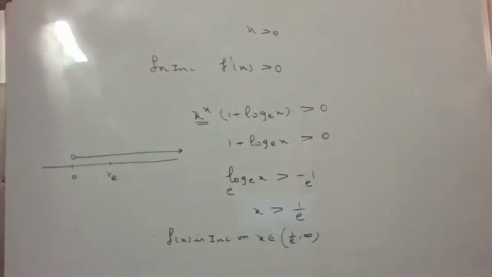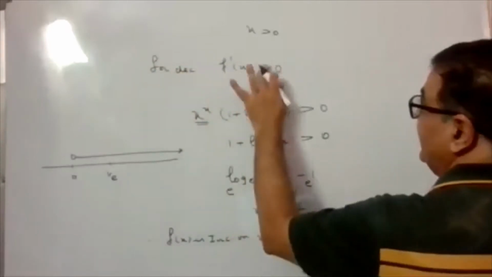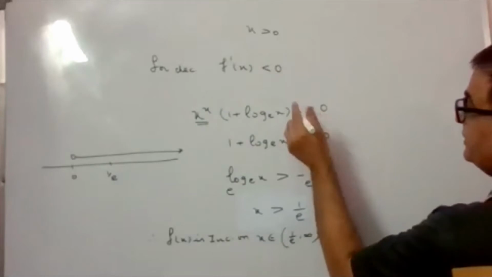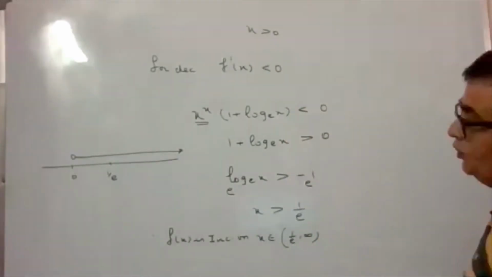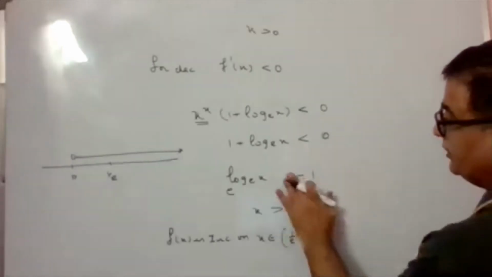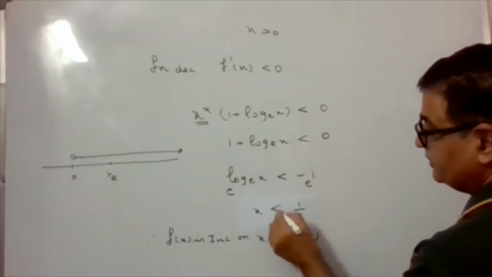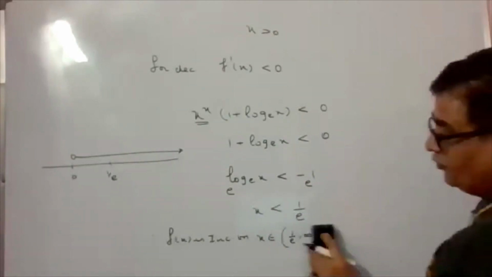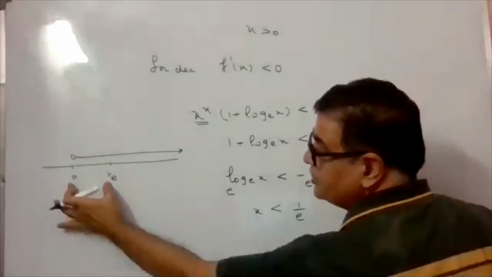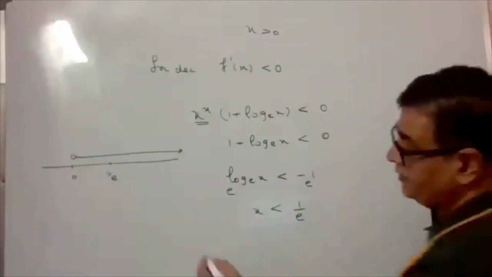Then we go for decreasing. For decreasing, f dash x has to be less than 0. That means this quantity has to be less than 0. And when you have this condition, x is less than 1 by e, but it should be greater than 0 because above 0 we should have the result.